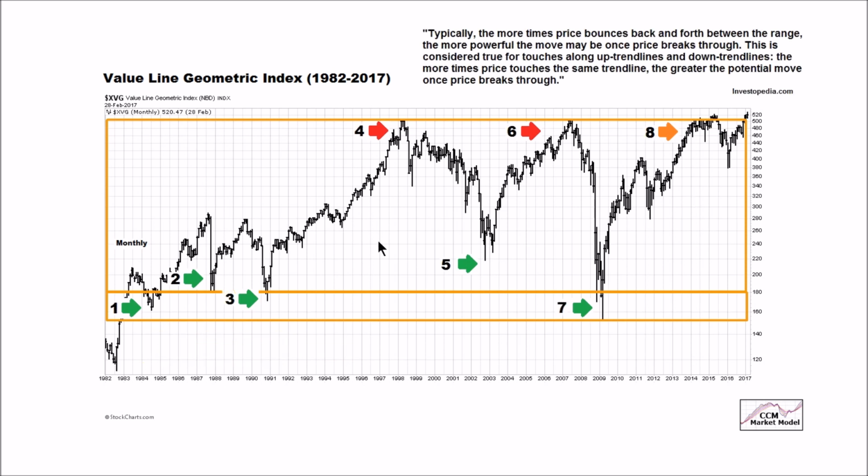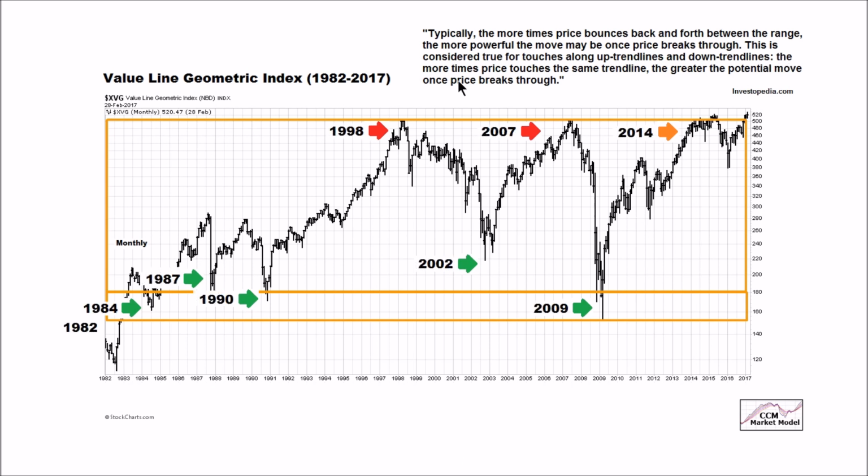And it may turn out to be very, very important that the Value Line Geometric Index has been inside of this box since roughly entering it in 1982, and it touched the upper and lower end of the box approximately 8 times before breaking out and closing above the top end of the range. This was prior resistance here, prior resistance here. What once was resistance may now act as support.